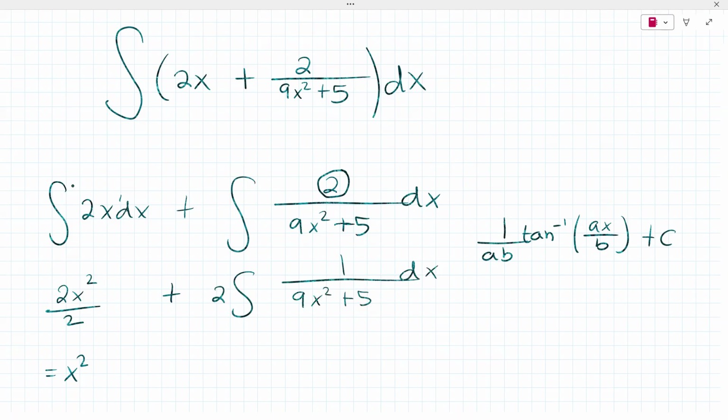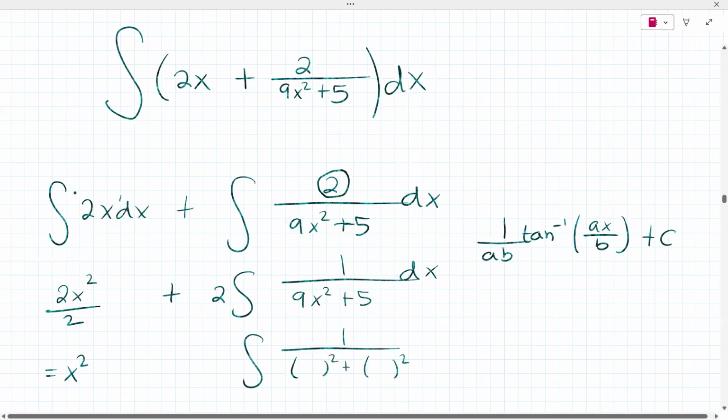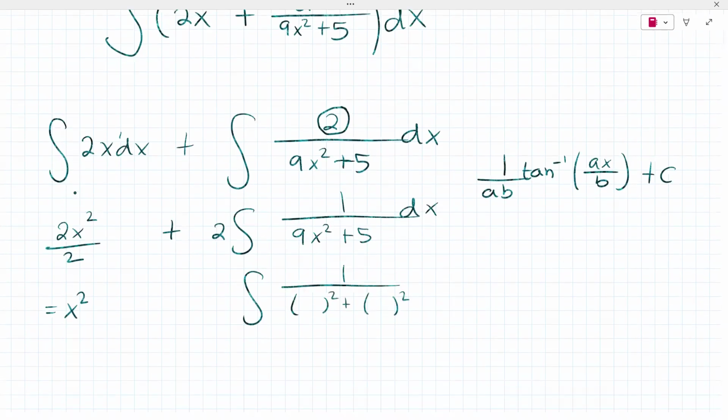So I think our A, let's see, 1 squared. I think our A is going to be 3x, and then I think our B is going to be radical 5. You just want a regular 5, right?